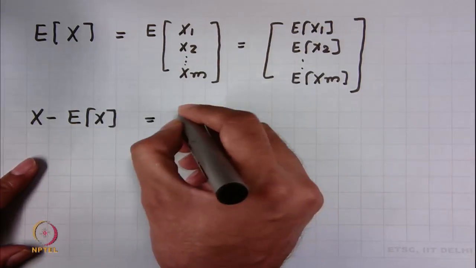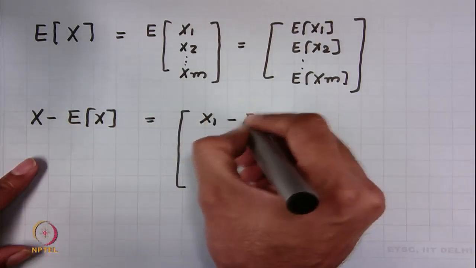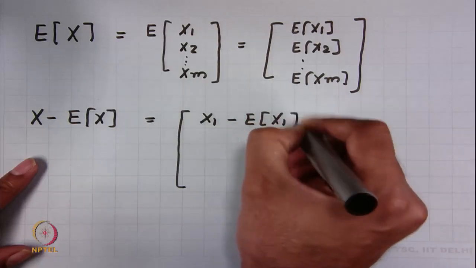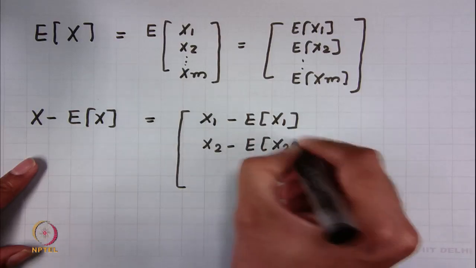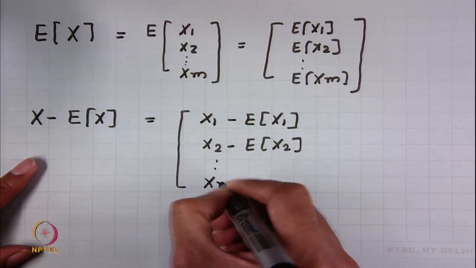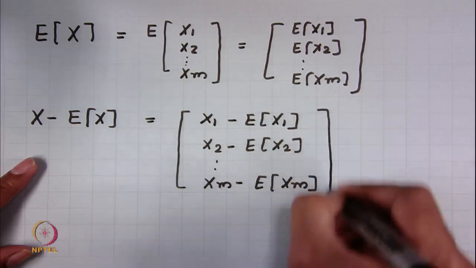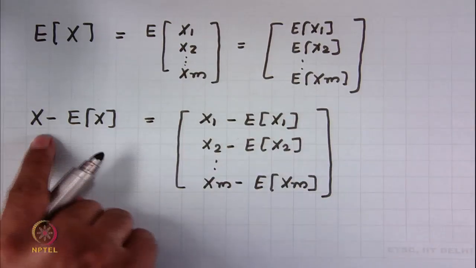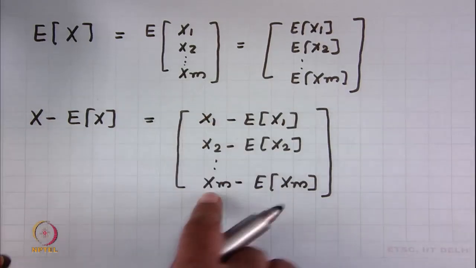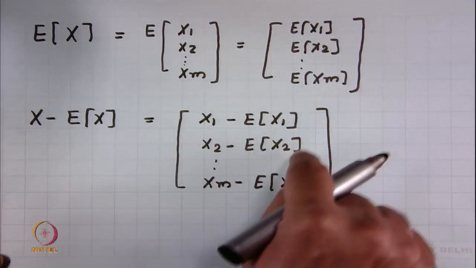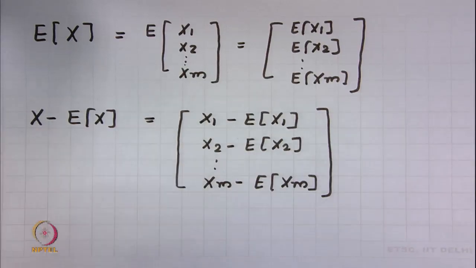It is simple: you subtract this also element wise. Okay. So, this is how you should understand x minus expected value of x. You think about x element wise and subtract from it the expected value of each element. So, this is your vector x minus expected value of x.